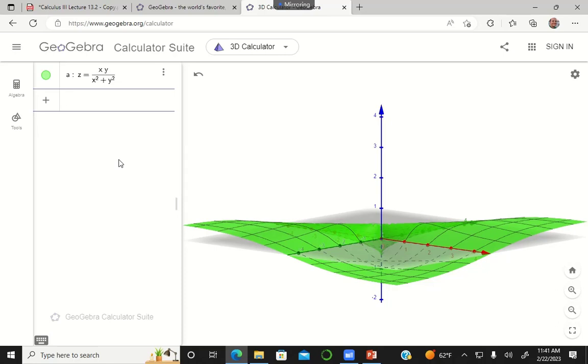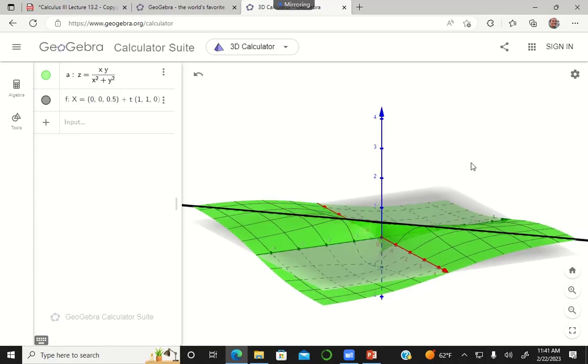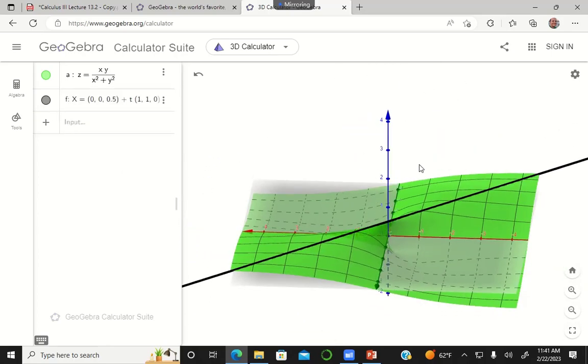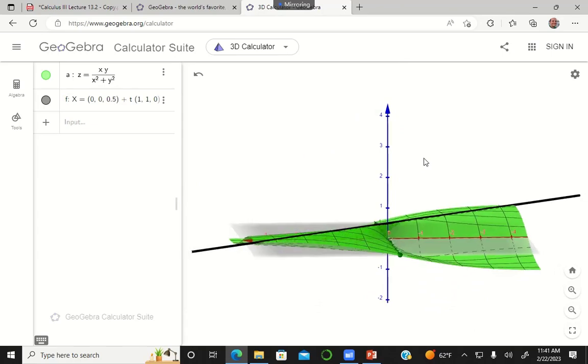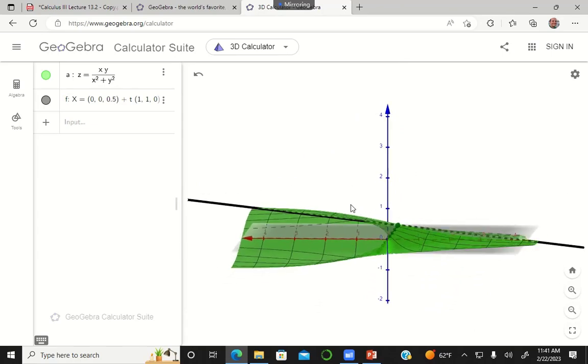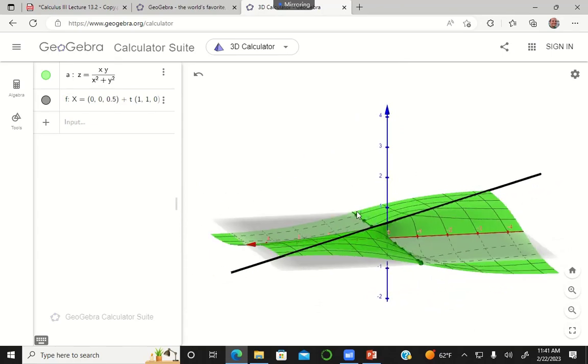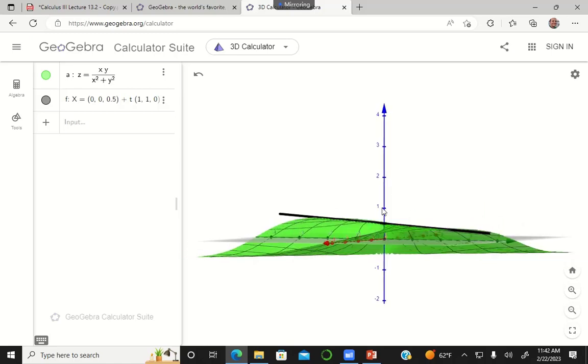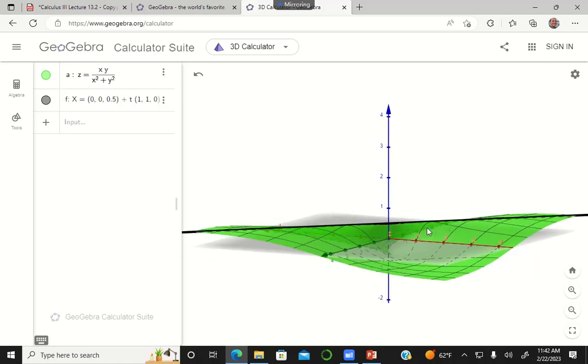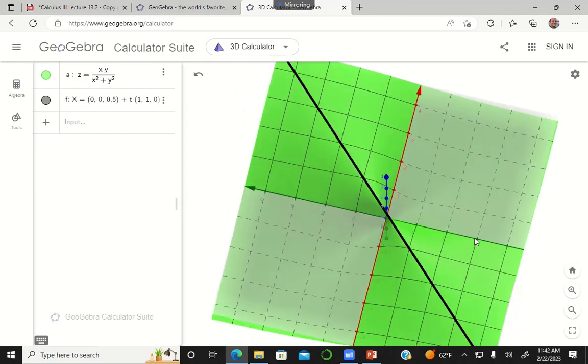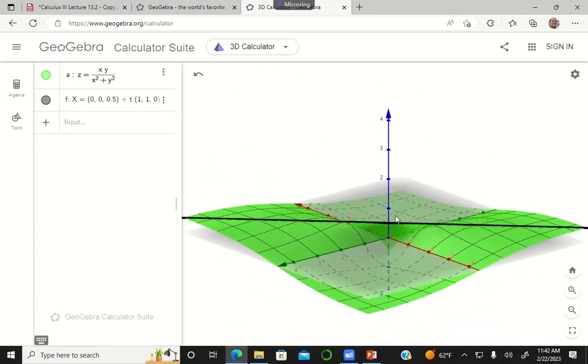If you take the trace where x is equal to y, we found that the limit was 1/2. And that would be like traveling along this little black line here. No matter whether you come from the left side or the right side, all of the values here have z value 1/2. And so as you're approaching the origin, it's just 1/2 all the way. So of course the limit's 1/2, and that's what we found.